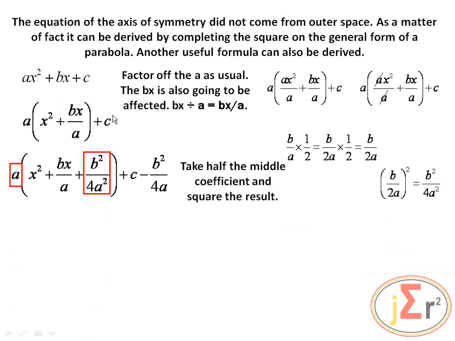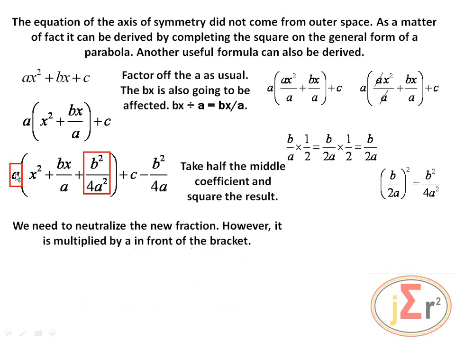We notice that this one was not there before. So we need to get rid of this one, which is our newcomer to the expression. To get rid of this, we first need to multiply by a. So let's put that under the microscope also. We need to neutralize the b squared over 4a squared, but it is multiplied by a first. So a multiplied by b squared over 4a squared.